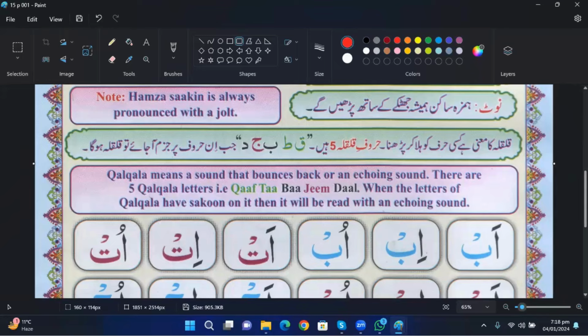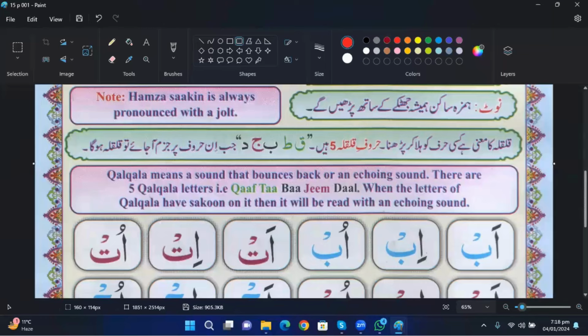So there are 5 letters. These are qaf, ta, ba, jim, dal, which are known as group of qalqala letters. So when any letter from this group has a sign of sukoon or jazm over there, it will read with an echoing sound that's called qalqala.